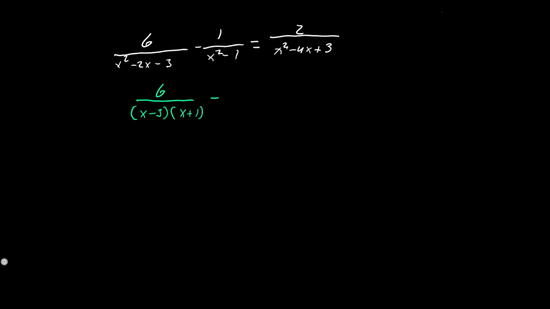And now we see at the bottom it's just a difference of squares, which is going to give us x minus 1 times x plus 1. And that is equal to 2 divided by x minus 1 times x minus 3, since negative 1 and negative 3 multiply to positive 3, and they both add up to negative 4.